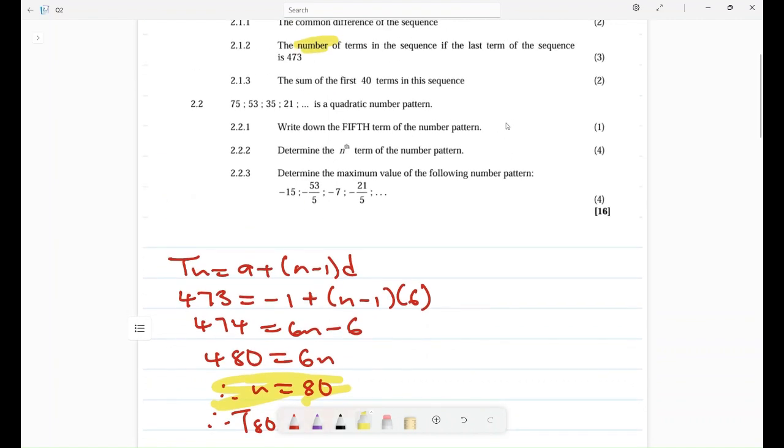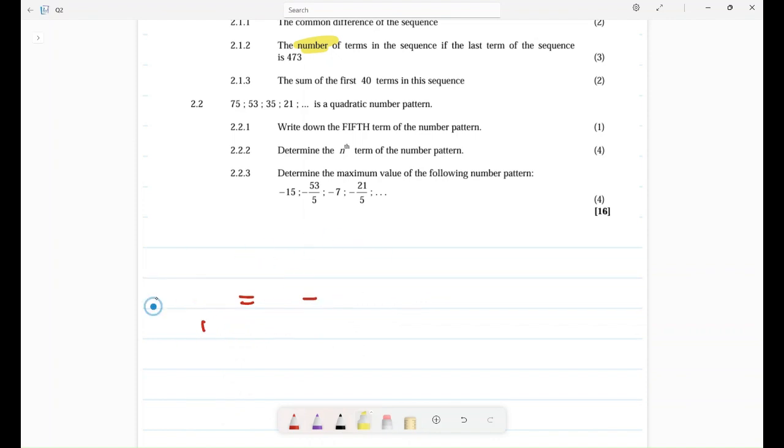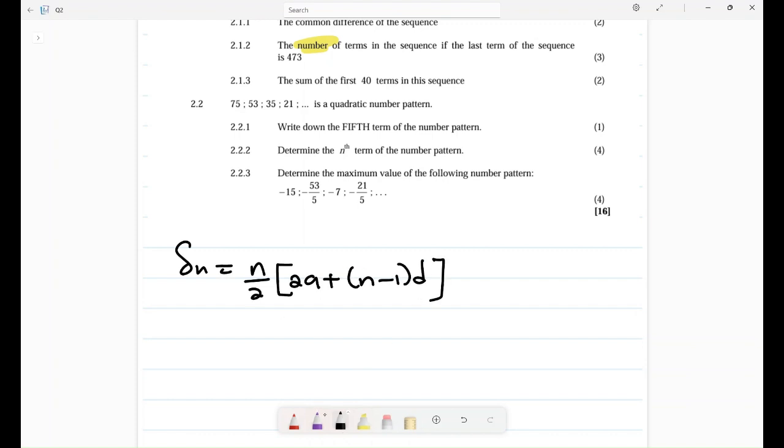So when we move on to 2.1.3, it says determine the sum of the first 40 terms in the sequence. Now, on an arithmetic sequence, the summation formula is Sn equals n divided by 2 times (2a plus (n minus 1)d), right? Now we want S40.